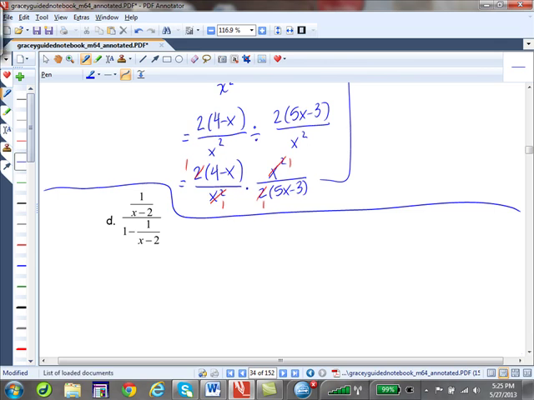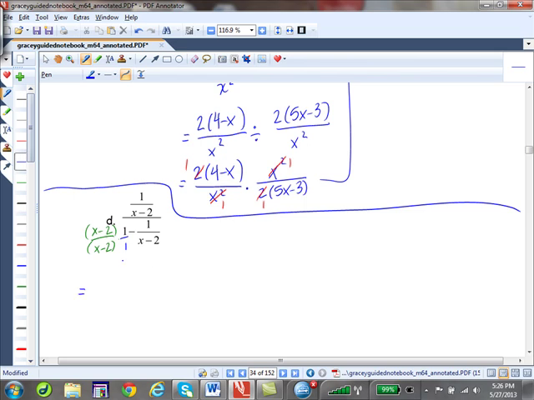Okay, so with this one, we already have one happy fraction in the numerator, so we just need to adjust the denominator. Again, notice we've got a 1 over 1, so if we multiply that by the LCD, which is x minus 2 over x minus 2, then we'll be good to go.